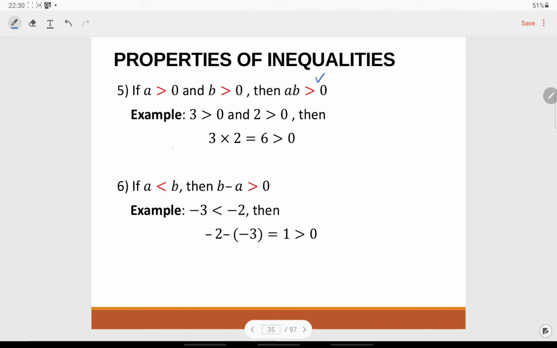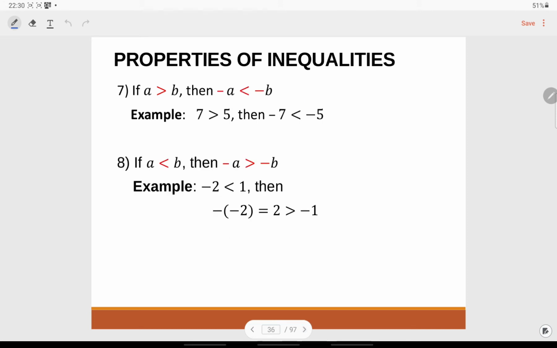If A is positive and B is positive, the multiplication of positive and positive numbers comes out positive. Next, if A is less than B, then B minus A is greater than 0, because A is smaller than B. And A minus B is less than 0 because A is smaller than B.